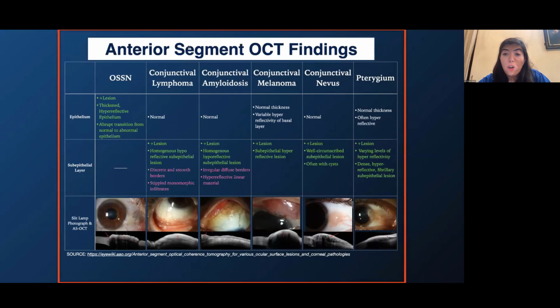Conjunctival melanoma and pterygiae will both be hyperreflective, though pterygia will have a very different appearance and would be fibrillary in nature. A question has come up about this from a number of audience participants prior to the lecture.